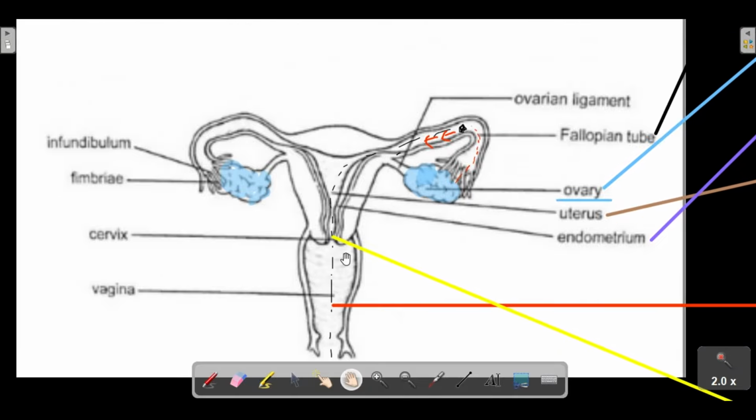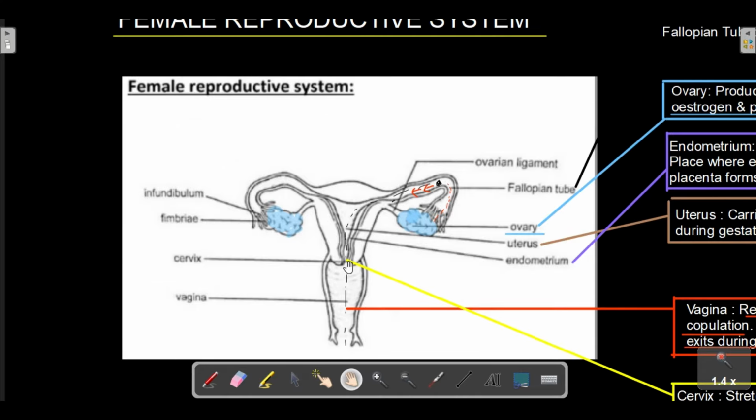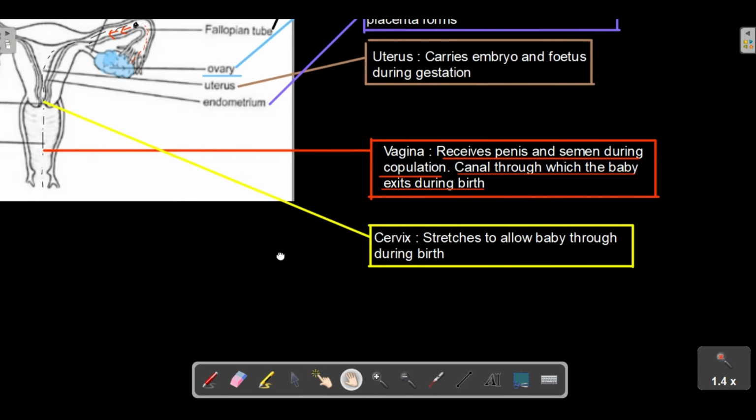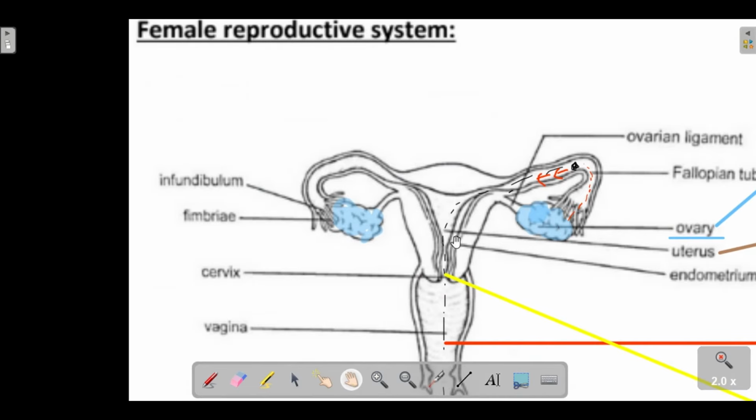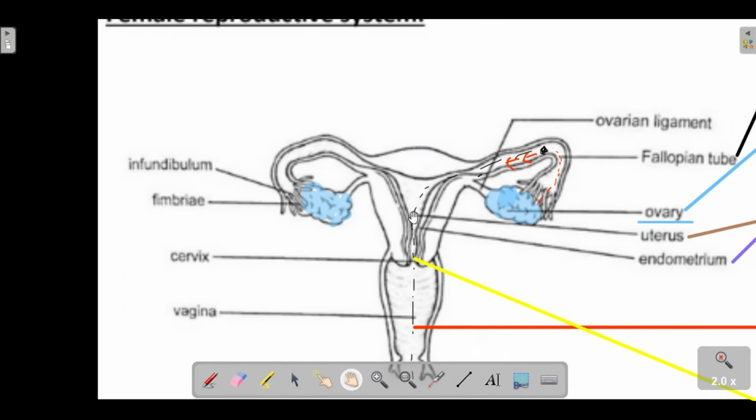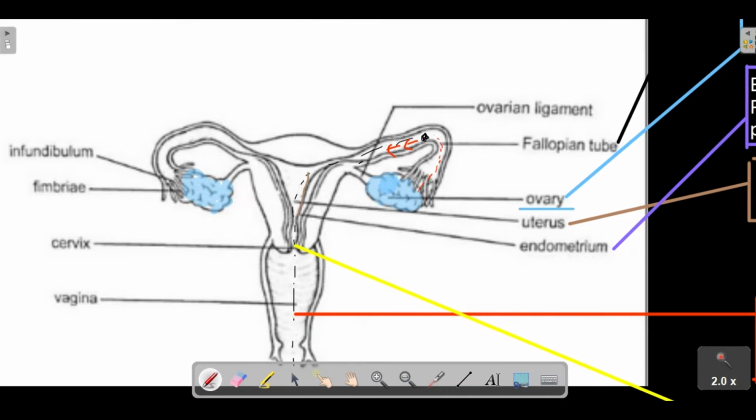We have this narrow part of the vagina, as you can see here. This narrow part here is what we call the cervix. The cervix's function is to stretch so that it allows the baby through during birth. The baby is carried in this structure, which we call the uterus, right here.